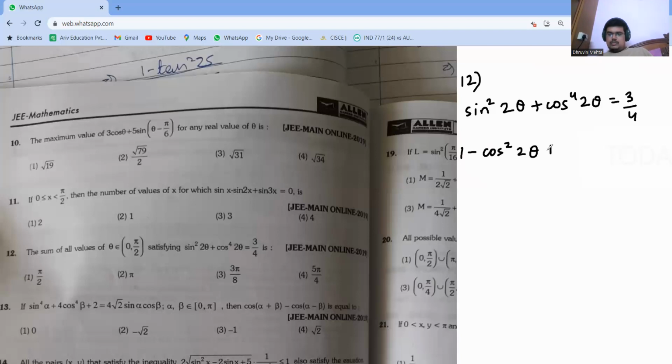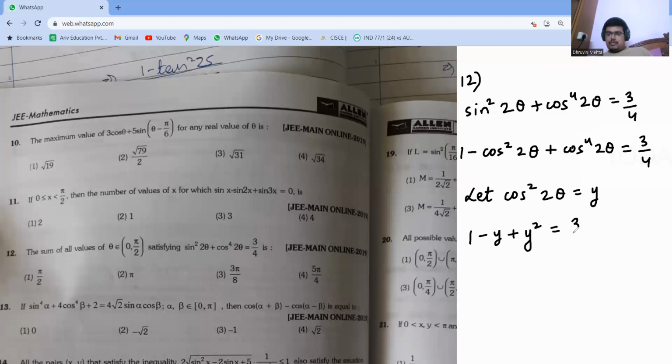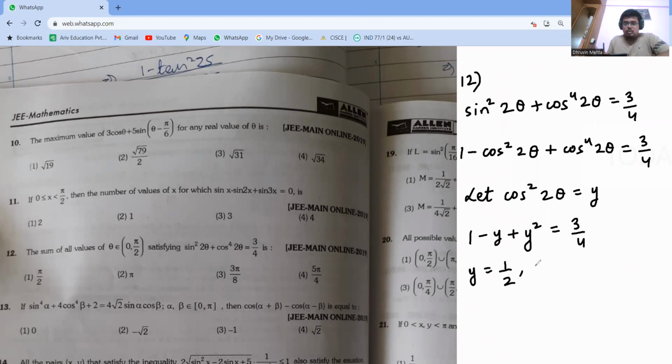So if I take cos square 2 theta as y, we will get 1 minus y, whole square, plus y square equal to 3 by 4. Solve this quadratic, guys, and tell me the values of y. Y is half or minus half.